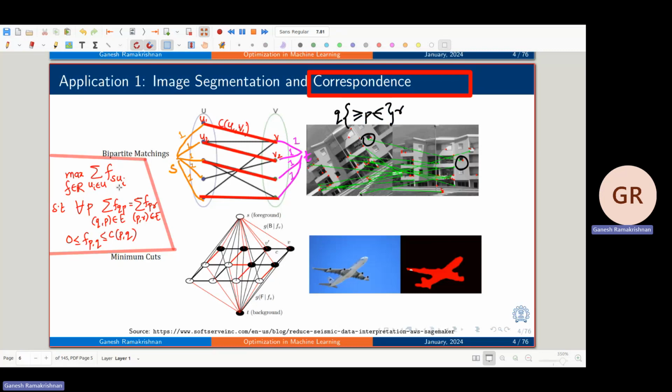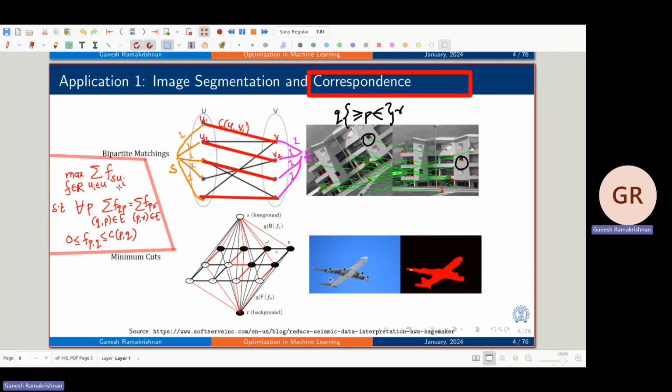There are some constraints there. For all P, where (Q,P) is an edge, you need to ensure that F_QP, the flow from Q to P, is the flow from P to R, where R is a destination vertex.